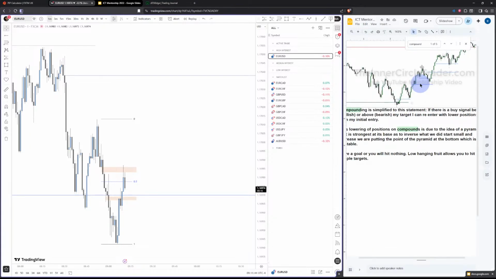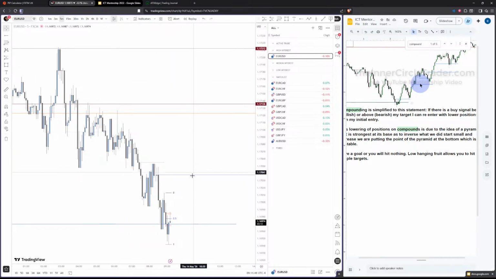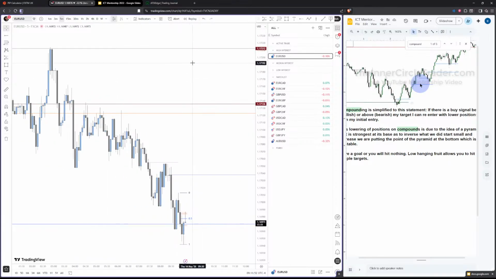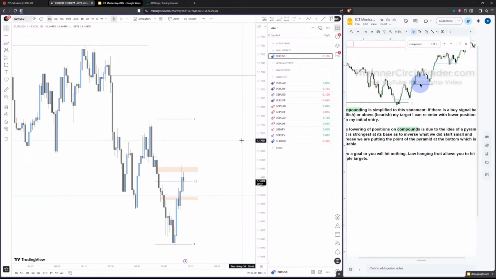So fair value gap, push down into it. Let's see the larger time frame real quick. Yep, that's valid. What would my stop loss be?